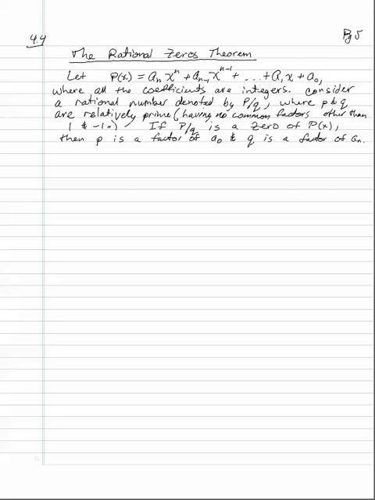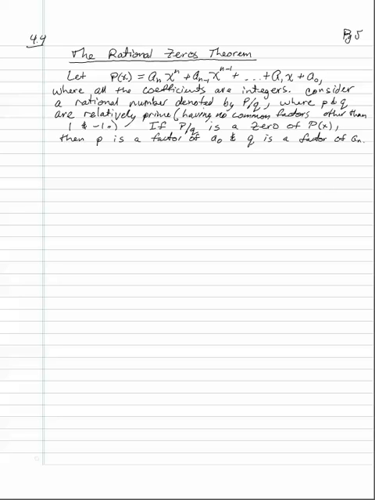So that's a key qualification there. So all the coefficients are integers. Consider a rational number denoted p over q, where p and q are relatively prime, meaning it has no common factors. If p over q is a zero of p of x, then p is a factor of a sub 0 and q is a factor of a sub n.